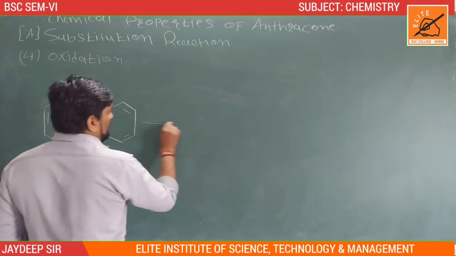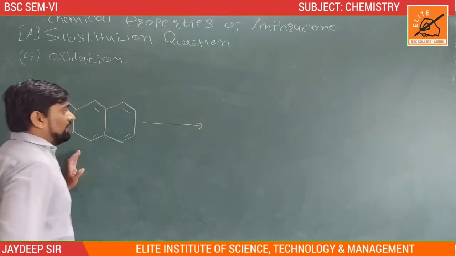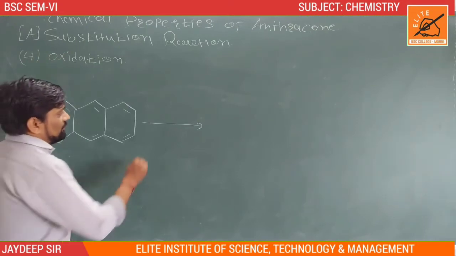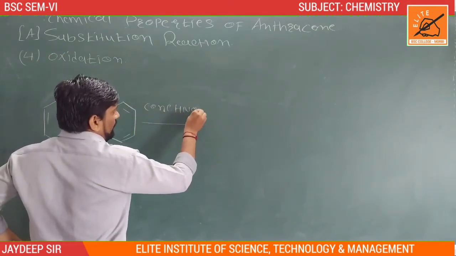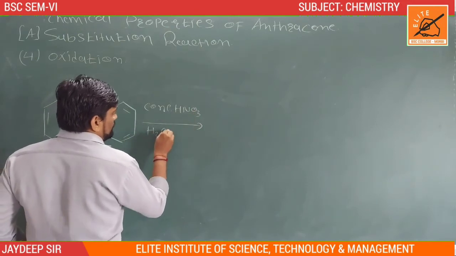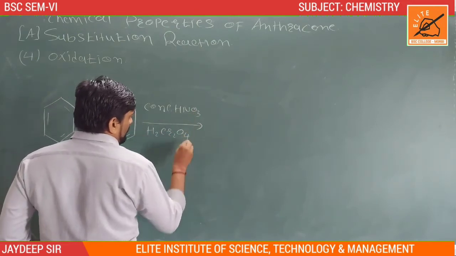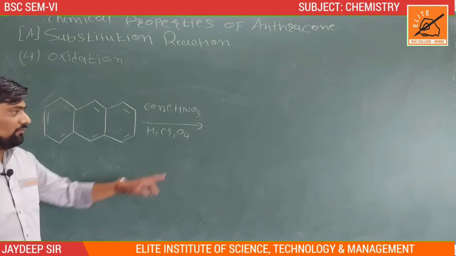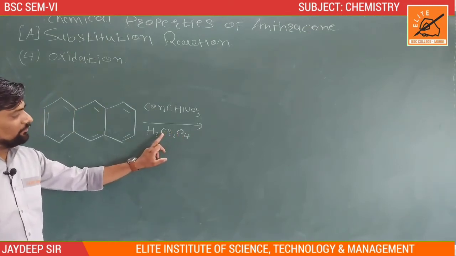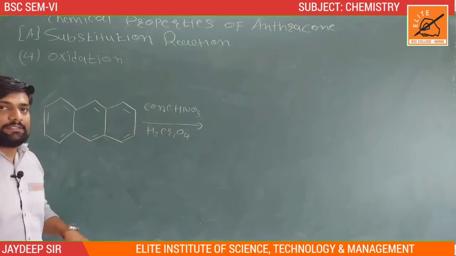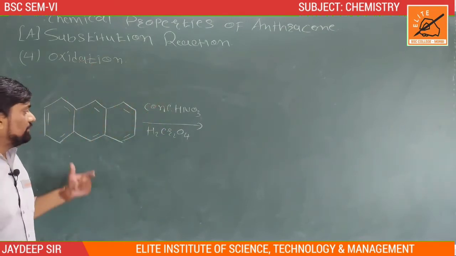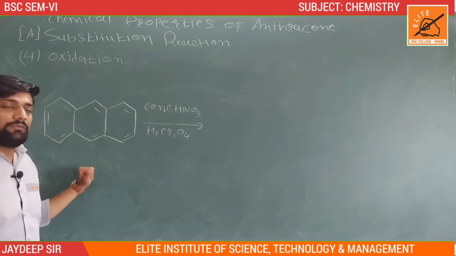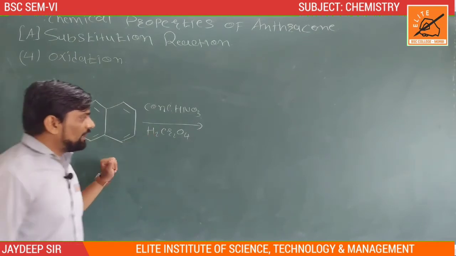This anthracene oxidizes in the presence of concentrated HNO3 or H2CrO4, chromic acid. It means that this is chromic acid and concentrated HNO3. Both are oxidizing agents. So now anthracene reacts with the concentrated HNO3 and chromic acid.